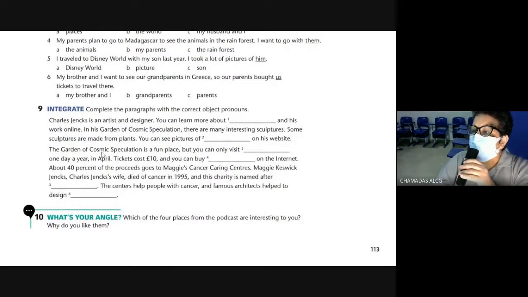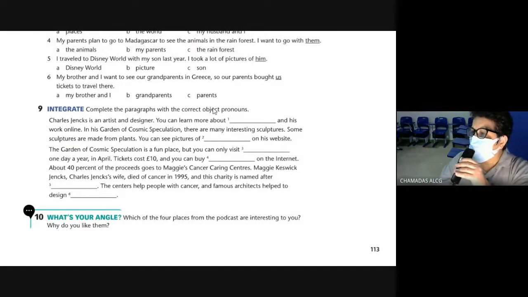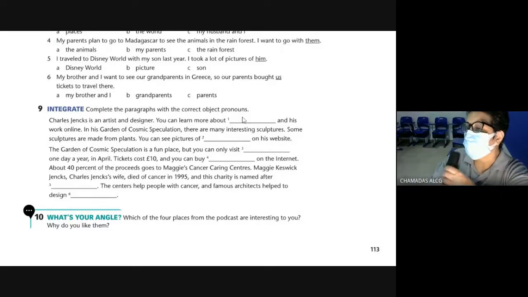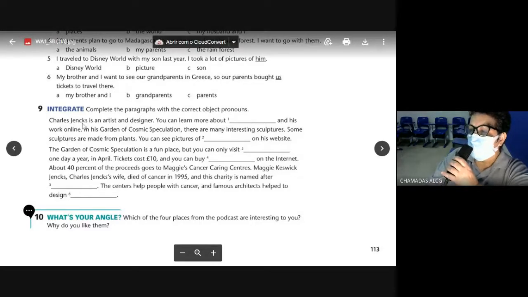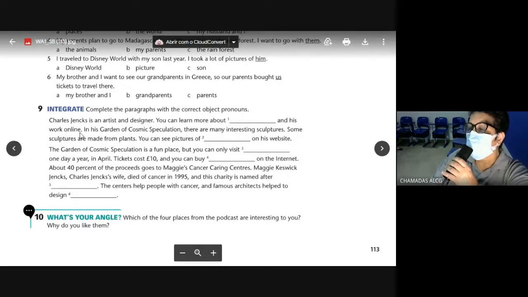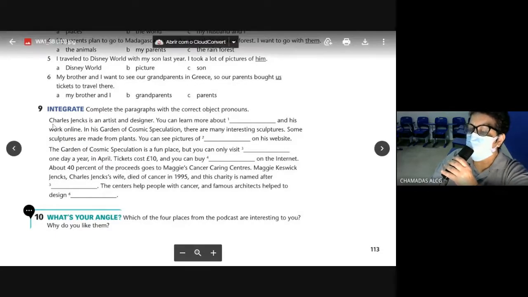Now, number 9. Complete the paragraphs with the correct object pronouns. So, let's complete. Charles Jenks is an artist and designer. You can learn more about and his work online. So it's after a preposition, and I'm talking about Charles Jenks.